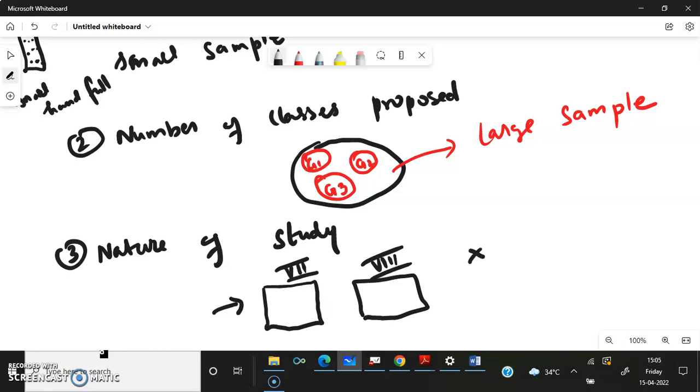Same students are going to 9th standard, my study continues. So for 3 years I'm going to study them intensively, means in-depth study, and continuously, from 7th to 8th, 8th to 9th. Here I have to take a small sample.